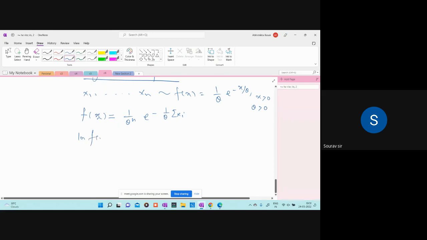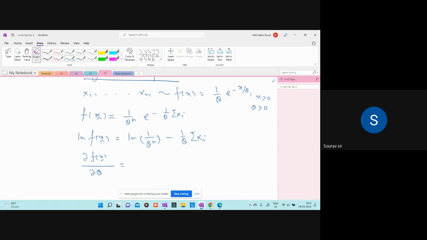Log of f of x curl is log of 1 by theta to the power n minus 1 by theta summation xi. Del log f of x curl by del theta is equal to, let me write this. If I am taking log of a by b, log 1 will be 0 minus this thing.